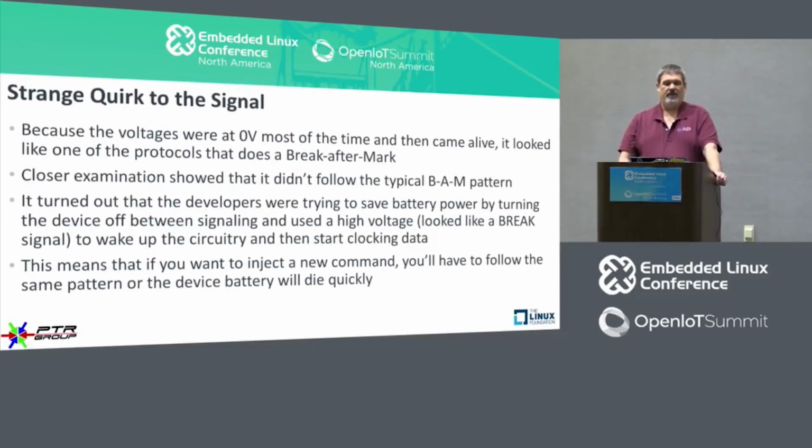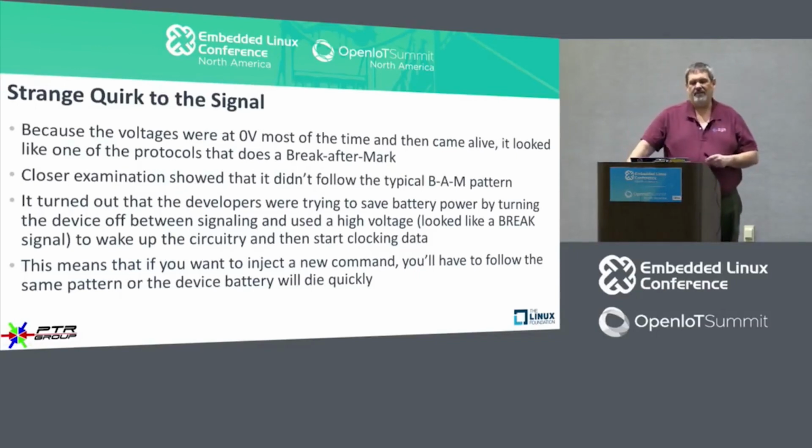Fortunately, there were some weird things about the protocol that told us it was not quite bit banged. It turned out that the voltages started at 0. Because of that, we looked at the part and found out that it had 2 serial ports on it.